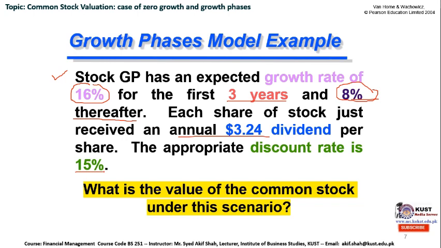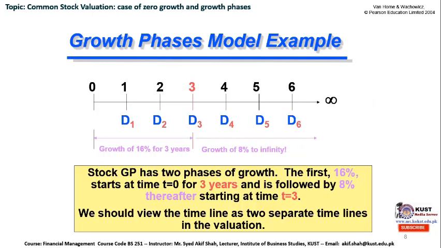However, we got two different growth rates in this case, and the question asks you to calculate the value of this common stock. So let's first mention the different dividend rates over the timeline, so as to understand what kind of growth factor is applicable for what number of time periods. The timeline starts with time 0, which is today's time period.